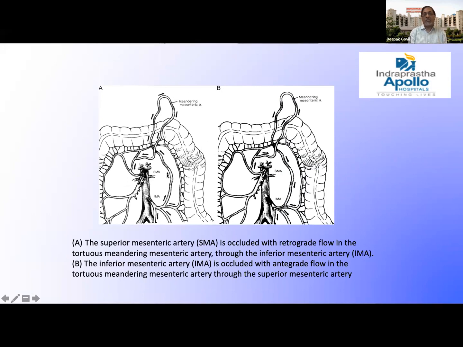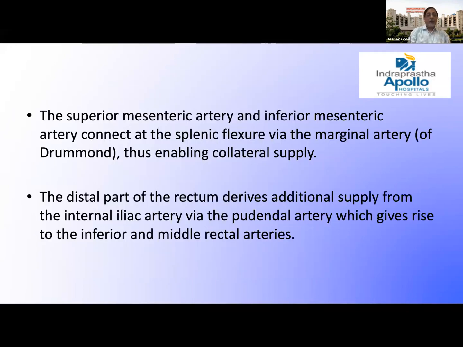This can sometimes be seen in patients, but not very frequently. And all these vessels help after the IMA ligation, or increase the vascularity if one of them is partially blocked. I think these are the areas which help in the collateral circulation.